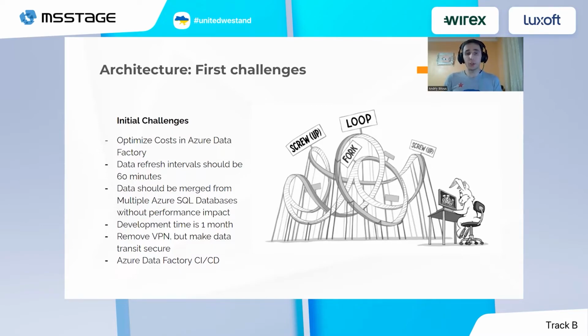Then data should be merged from multiple Azure SQL databases, and it could affect the performance of the production databases. Then we had to remove the VPN, which the client used to connect to this reporting system. And also the CI/CD, which we talk about later. These were the challenges, and then I'll tell you how we resolved all these issues.